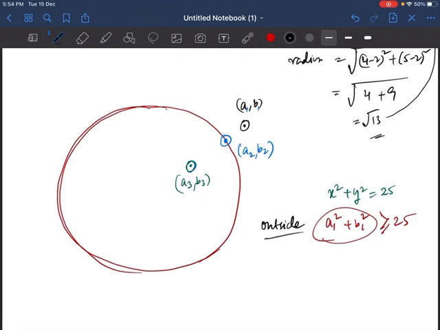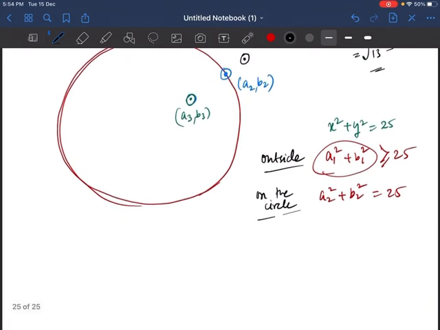Then if you put (a2, b2) in place of x and y, and if it comes equal to 25, then you can say that the point lies on the circle.